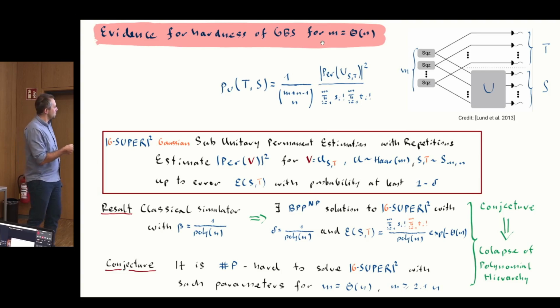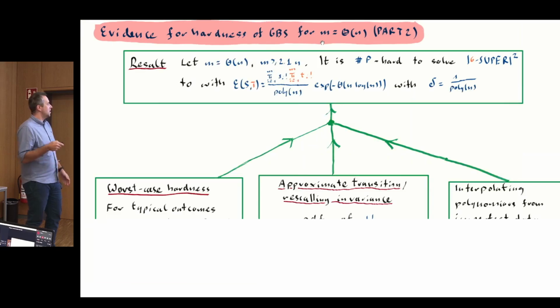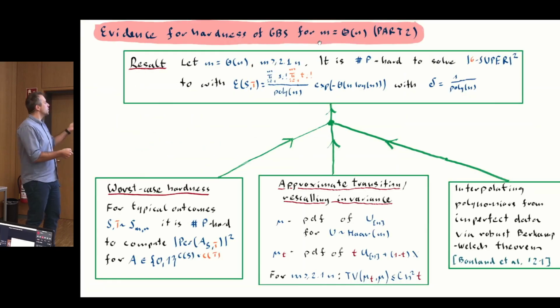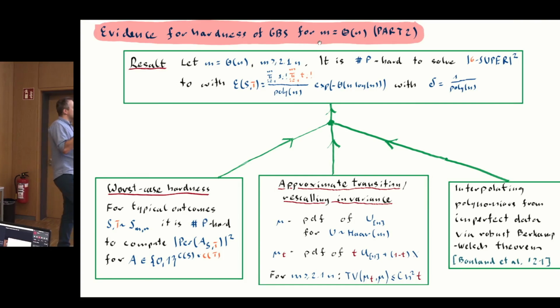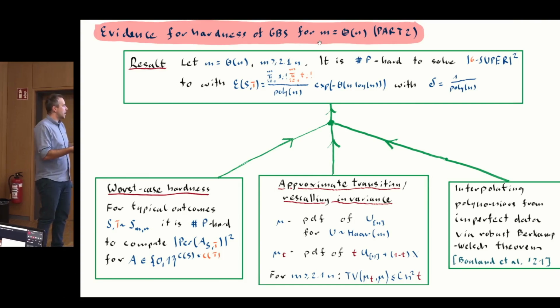And we have a Gaussian boson sampling super problem that has the same role as the previous super problem. Good. And we have analogous evidence for hardness of sampling from this more experimentally accessible setup.